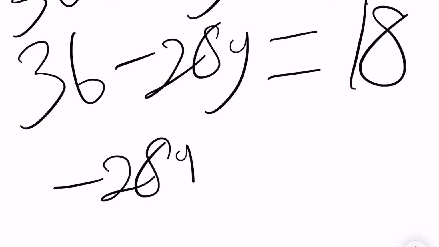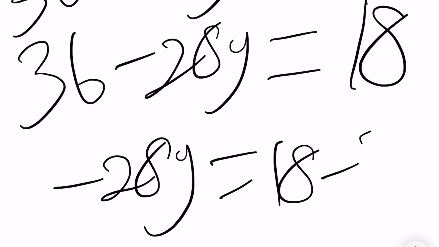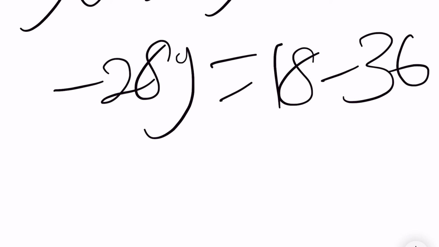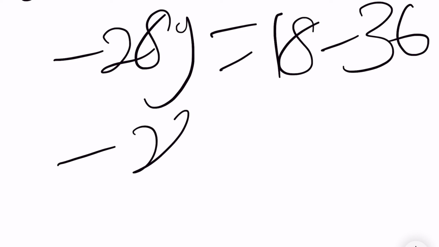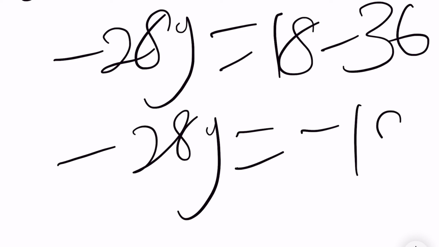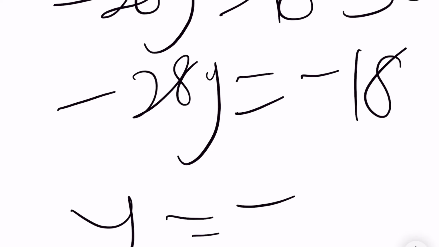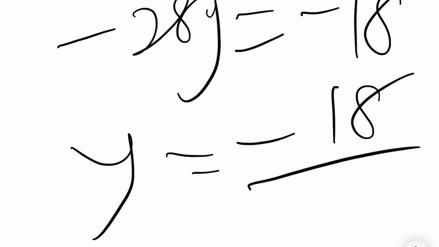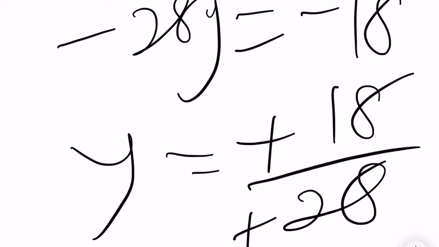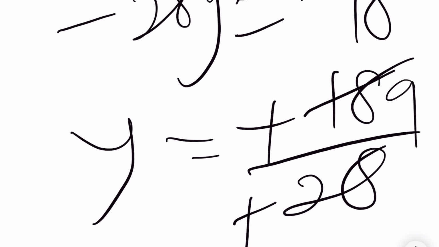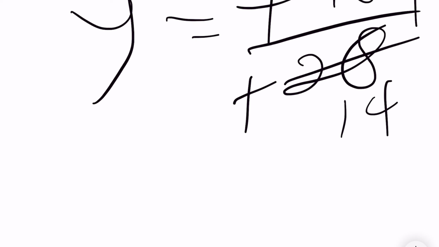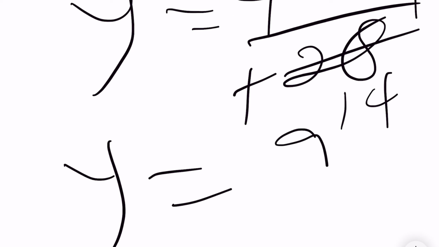So we have minus 28y equals 18 minus 36. So we have minus 28y equals minus 18. So we have our y to be minus 18 over minus 28. So we can divide by 2, we have 9 over 14. So we have our y to be 9 over 14.